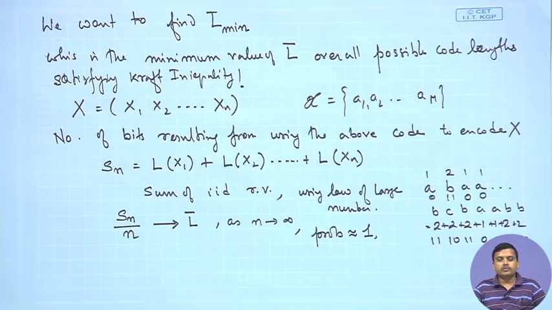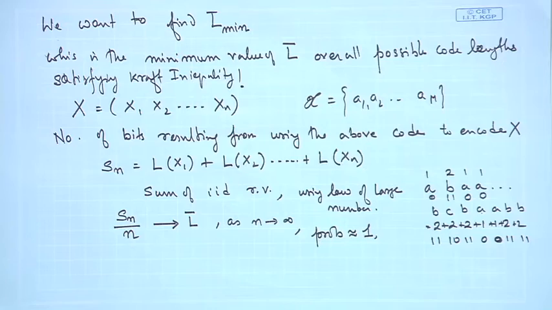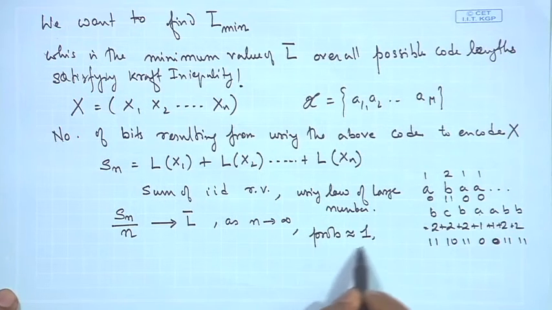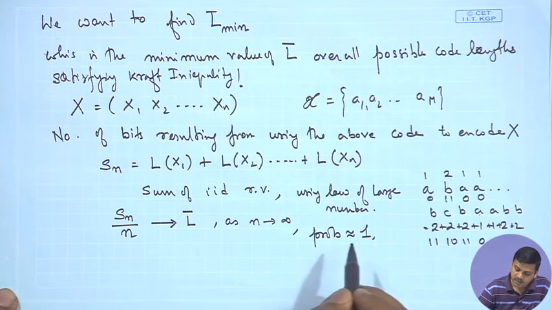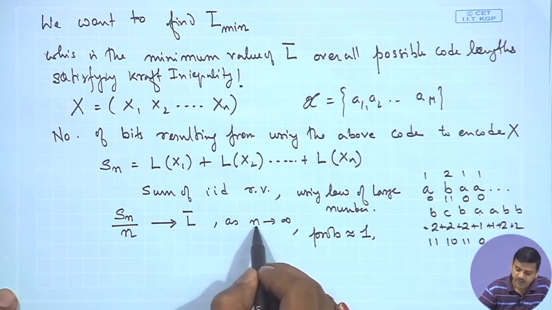Now, if you are used to the asymptotic equipartition, then also this result would come true. That means, if I am taking a very long sequence, and I am adding up these numbers, the lengths of it, and dividing it by n, what you end up with is that this number tends towards the expected value of the individual lengths, and that happens with probability almost equal to 1, and this happens only when n is very large.